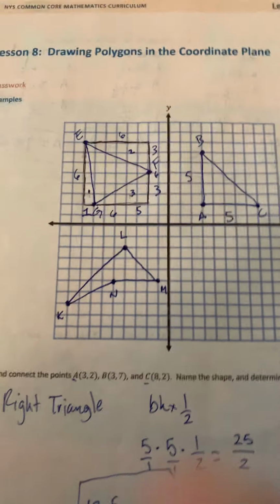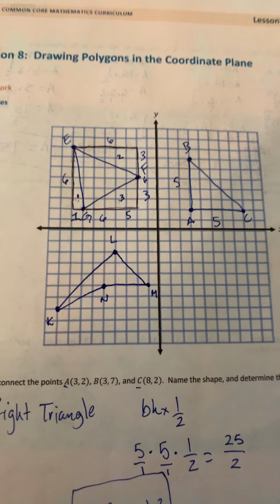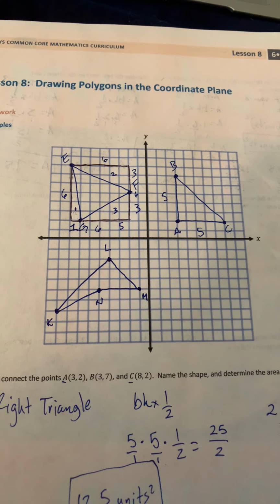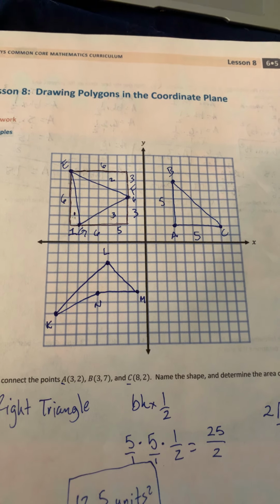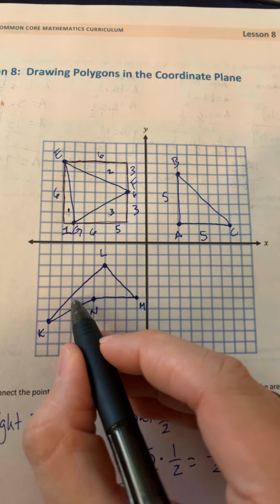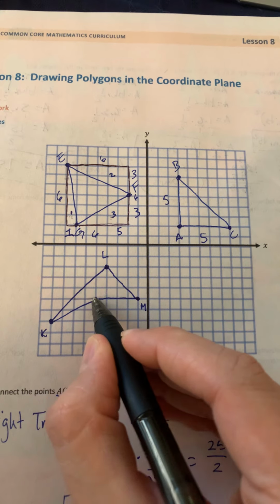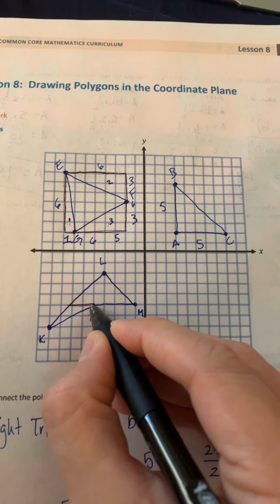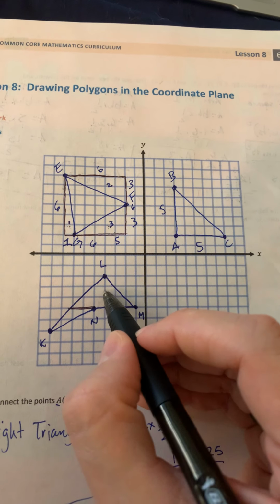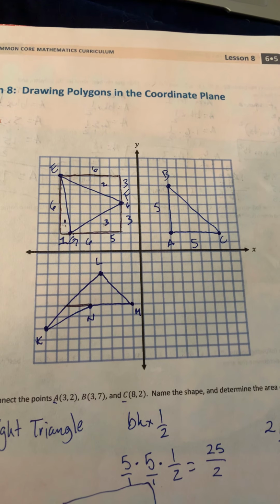Okay. Now I'm going to look at this and analyze it. How can I split it so that it's friendly for finding the area? If you look here, if I cut it here, I'm going to be able to create 2 triangles, right? There's a triangle and there's another triangle.